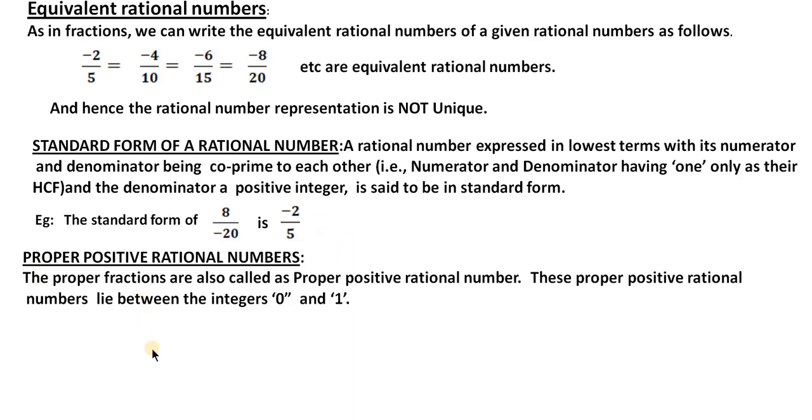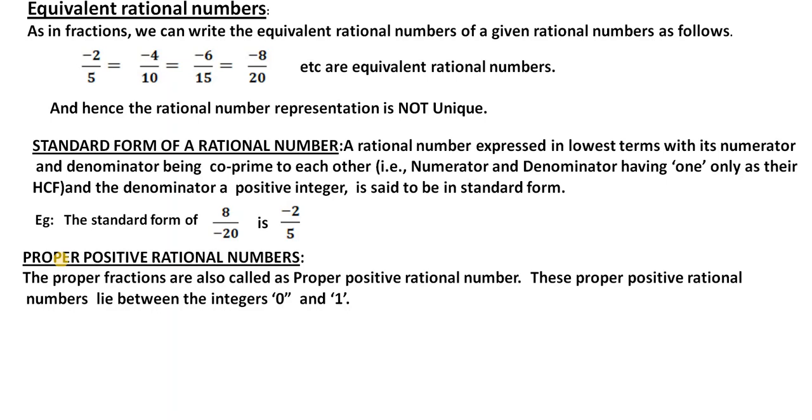Proper positive rational numbers, you know. Proper means a proper fraction. A proper fraction means any fraction which is less than 1, or you can say the denominator is bigger than the numerator. In that case, you say it is a proper fraction.